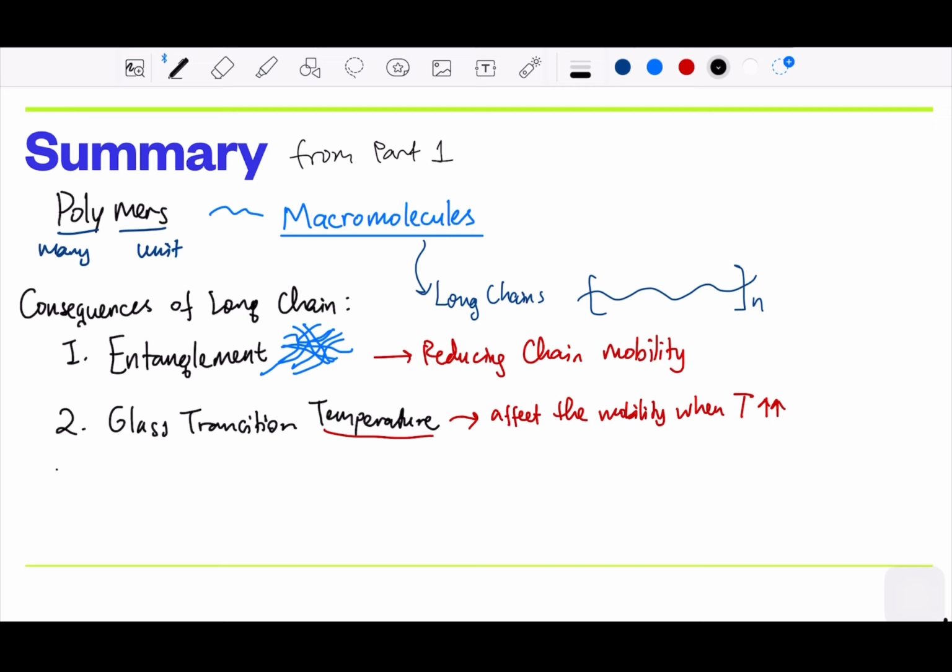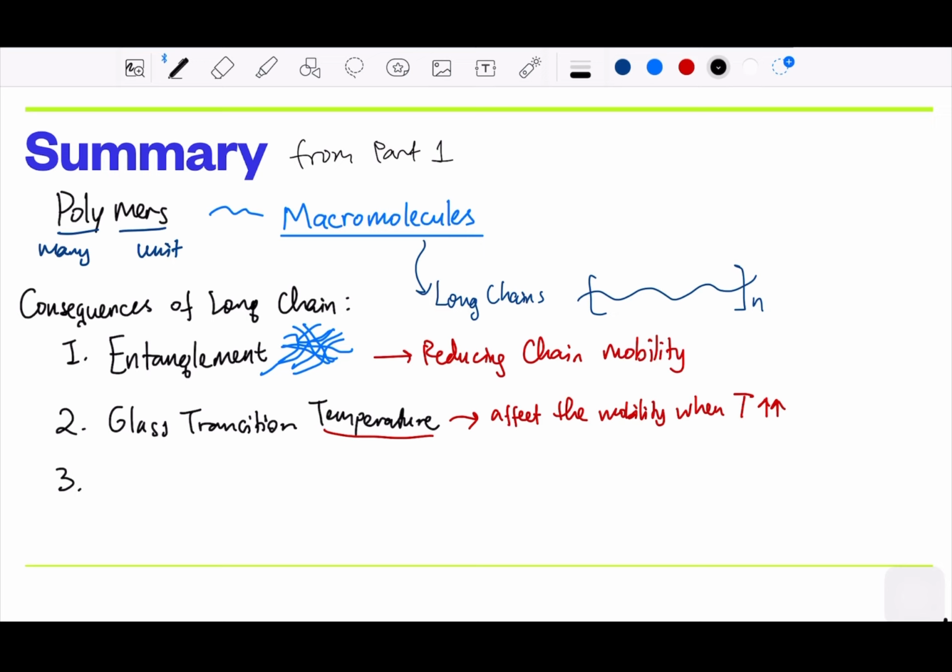Okay, number 3. What's the consequence of the long chain? So having different size, right? And then they entangle each other. And then from here, the temperature, we see that some of them are amorphous and some of them are crystalline, right? So we could have a property that is similar to liquids and some of them similar to solids.